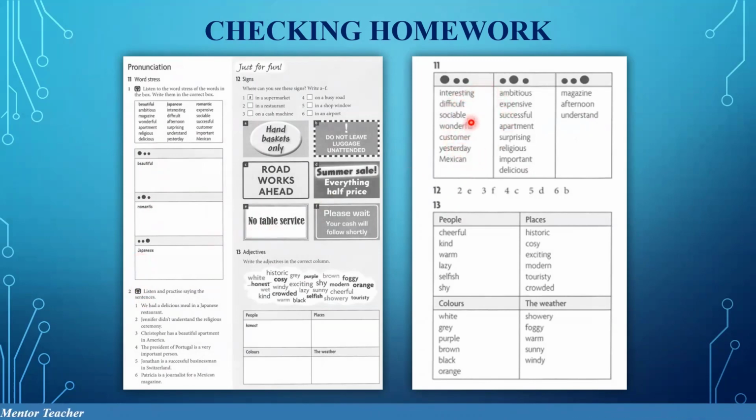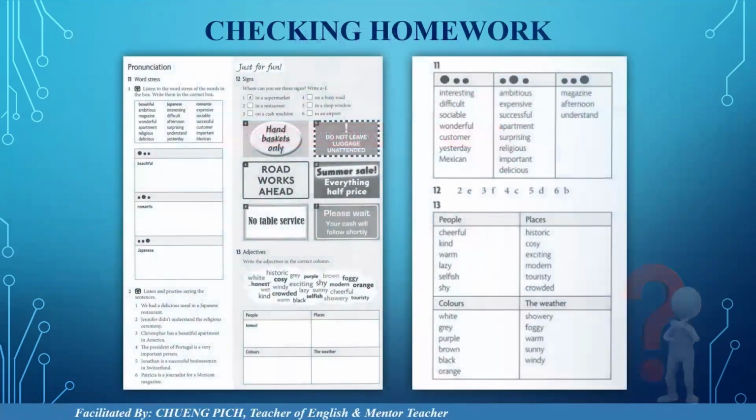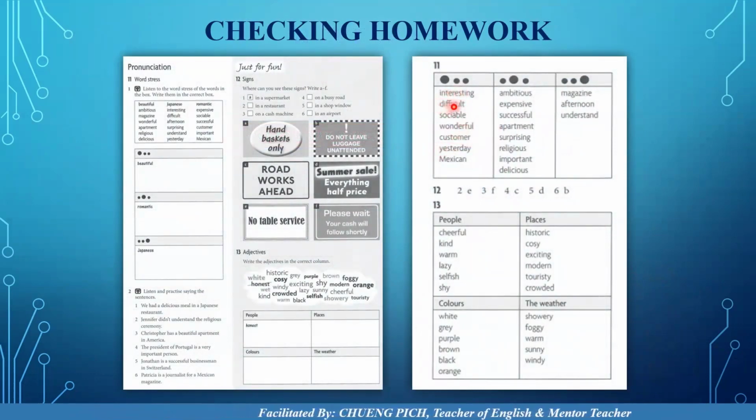Let's check this answer and try to pronounce it together. So why are these words in this column? When you see the big black dot here, it means that you have to stress this syllable.